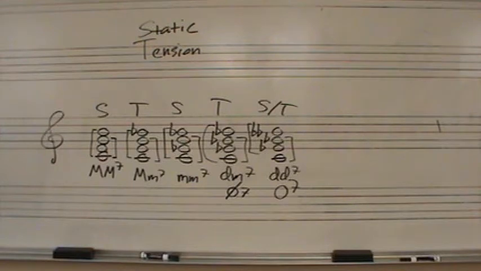Okay? It's a very similar tendency tone in the other tense chord, exclusively tense chord, the half diminished or diminished minor 7th chord. We begin with a diminished triad. Add a minor 7th. Oh, excuse me, that was not a diminished triad. There's the diminished triad. And the minor 7th.